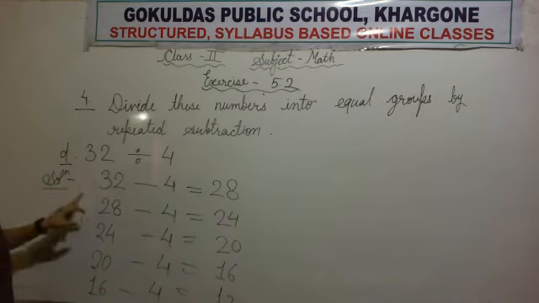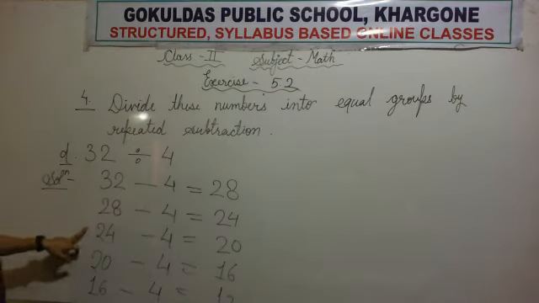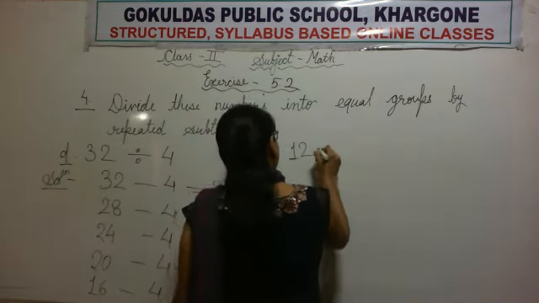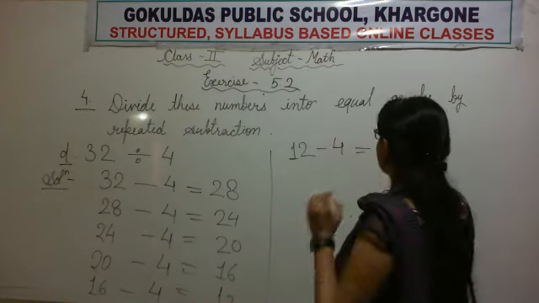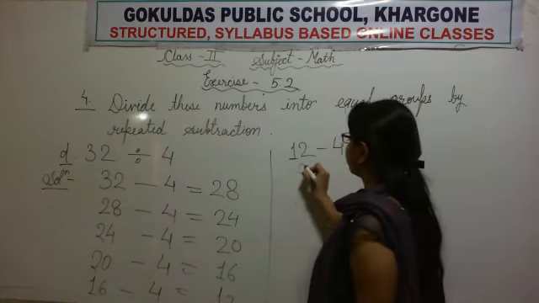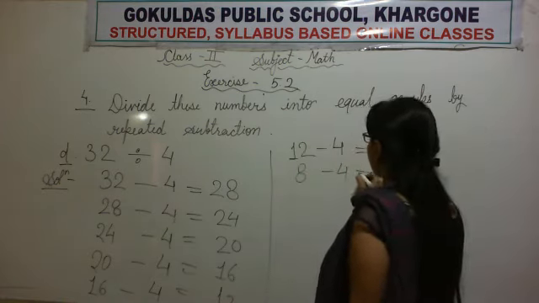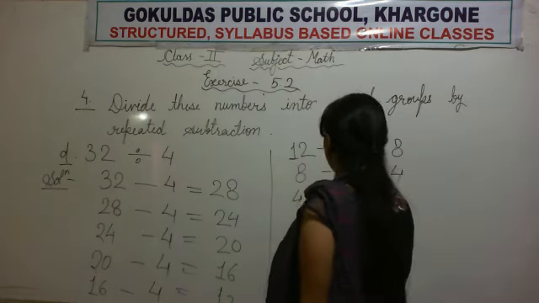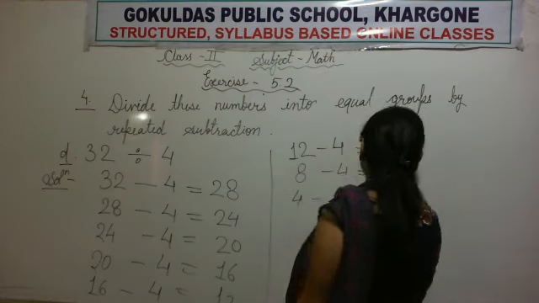Okay, so 32 minus 4 is 28, 28 minus 4 is 24, 24 minus 4 is 20, 20 minus 4 is 16, 16 minus 4 is 12, and 12 minus 4 is equals to 8, 8 minus 4 is equals to 4, and 4 minus 4 is equals to 0.